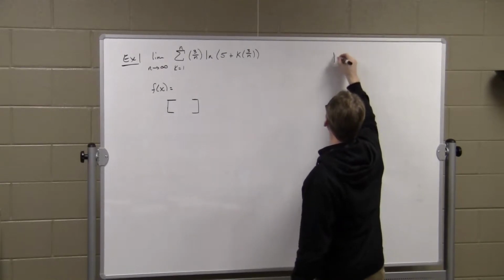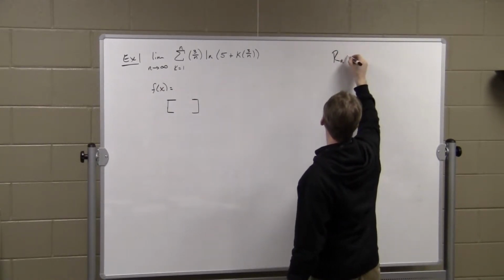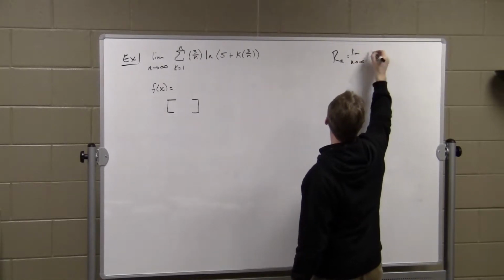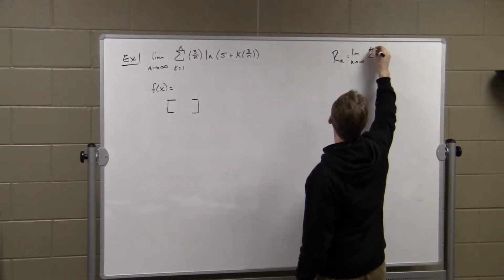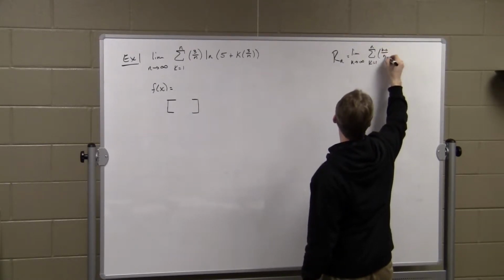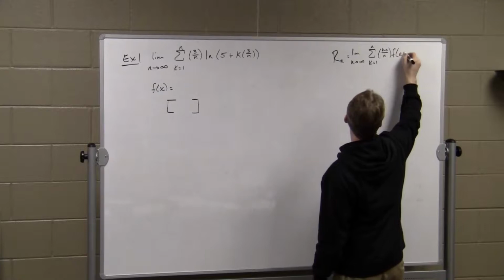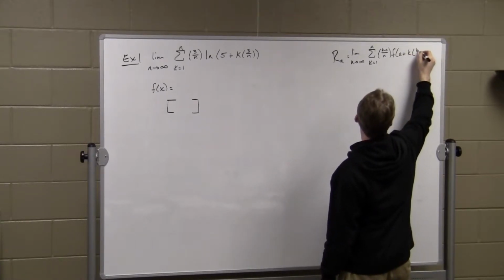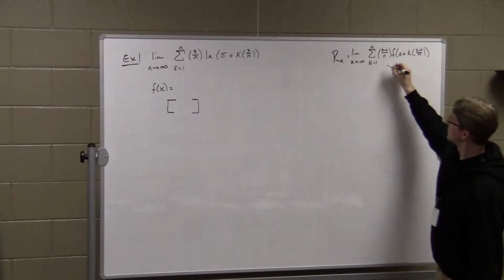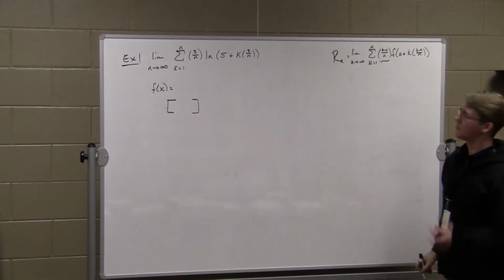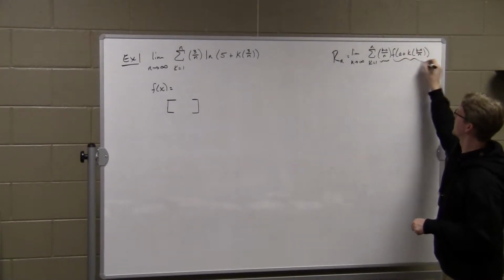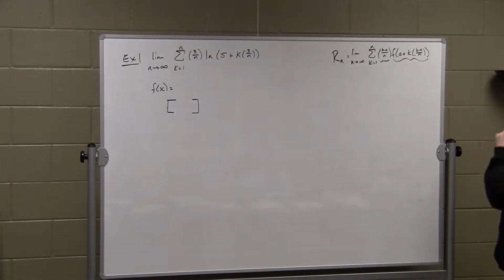Let's leave this up here. Don't let me erase this again. Limit as n approaches infinity of the sum, k goes from 1 to n of b minus a over n times f of a plus k times b minus a over n. This being our universal width, and this being the actual function that we plugged it into.